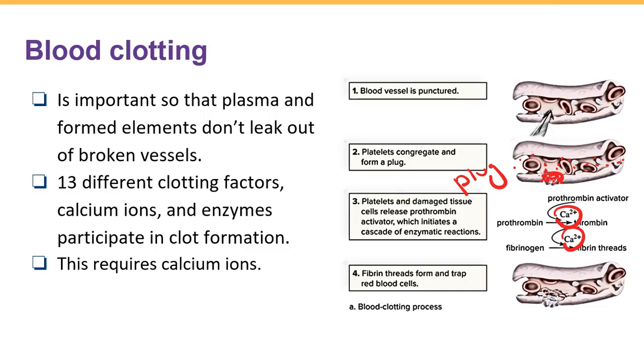Do you remember when we talked about fibrinogen, the plasma protein? It is converted to fibrin threads, and these fibrin threads trap the red blood cells and make the blood clot. This blood clot protects against leaking of plasma and formed elements from the broken blood vessel. Okay, that is about the platelets.